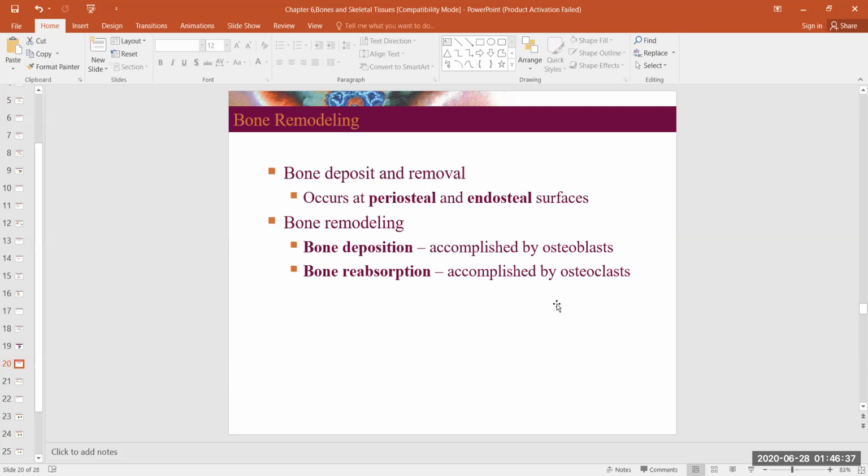Okay, so this is the growth of the bone, like the longitudinal length and diameter both are growing. But how we give the smooth shape and certain shape of the bone, that is by bone remodeling, okay? So bone deposit and removal. There are two kinds of bone cells, as you know, osteoblast, the baby bone cells, and osteoclast.